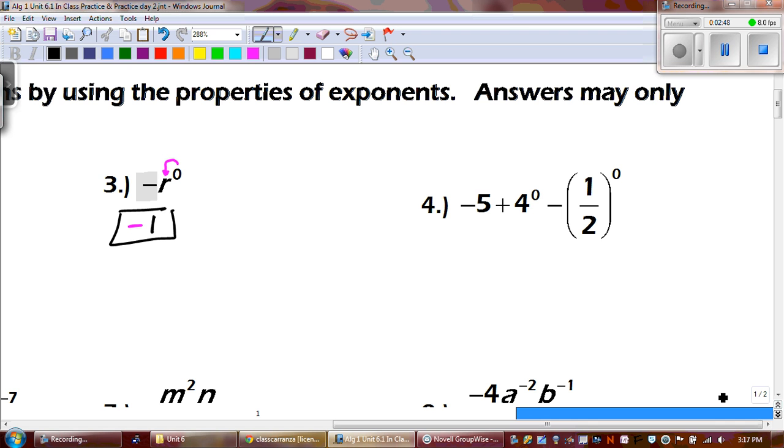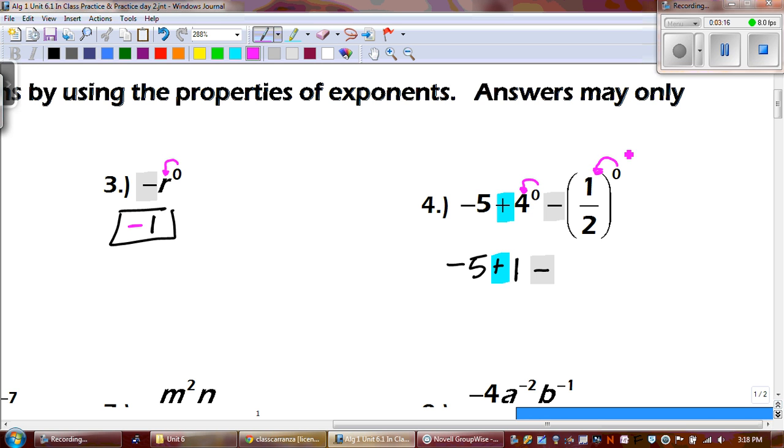All right, number 4. Now, there's nothing going on with that negative 5, so I'm just going to bring the negative 5 down. My exponent is 0, so my base, which is the 4, turns to 1. That minus sign, I'm just going to bring it down. Okay, so the minus signs I just brought down. The plus sign, we just brought it down.